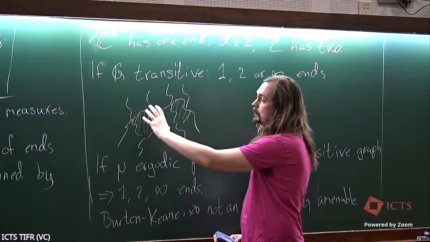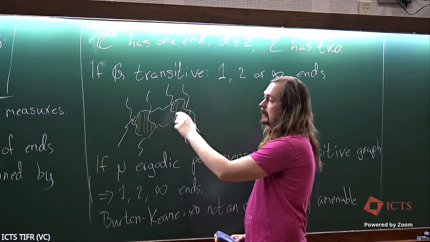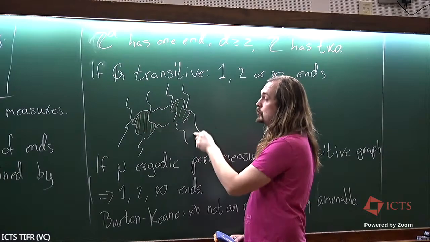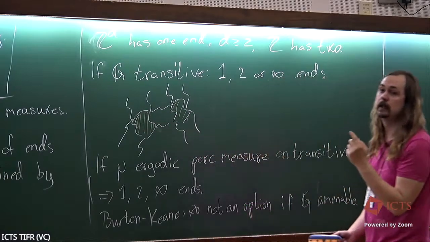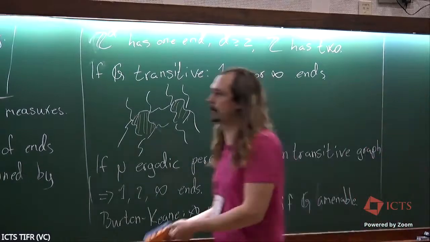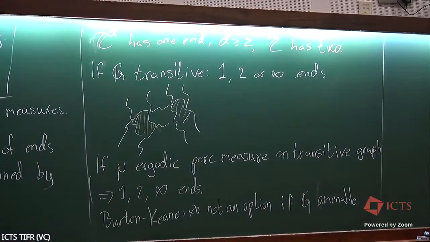You're transitive, so this picture repeats itself somewhere. These guys are not connected to here outside of this orange region, so these 2 new guys are new infinite components. It's the same thing that happens in Burton-Keane. Why do you need trifurcations? Why don't bifurcations work? Because bifurcations don't explode like this. It's exactly the same reason that Z is two-ended and all the other regular trees are infinitely ended.